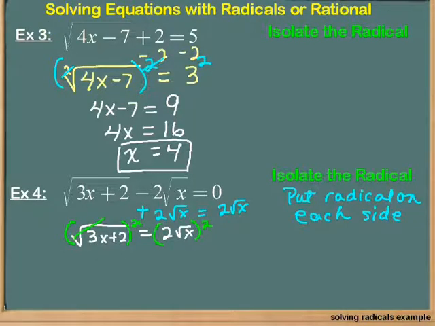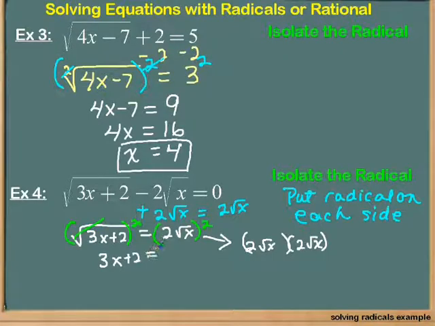And so I'm left with 3x plus 2. However, over here, this means 2 root x times 2 root x. And what does that give me? Just like I showed you in the prerequisite, we are going to have to multiply those 2's and get 4.